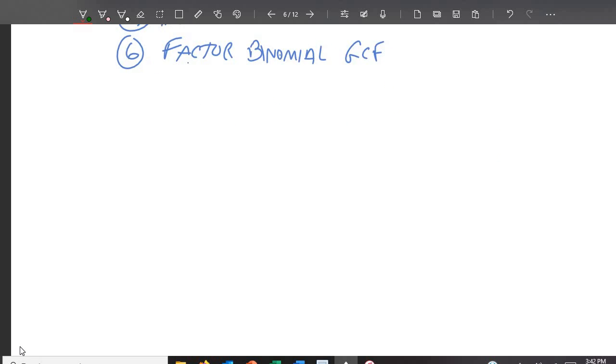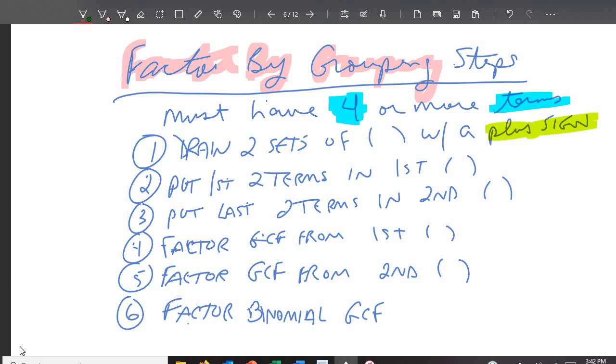Now, the first thing you're going to do is draw 2 sets of parentheses with a plus sign in the middle. Notice I've highlighted the plus sign because you're going to put a plus sign every time. You're going to put the first 2 terms in the first parentheses. You're going to put the last 2 terms in the second parentheses.